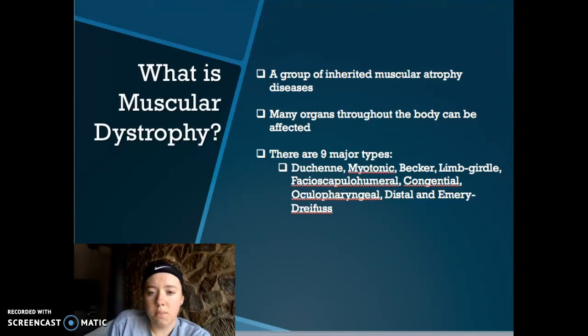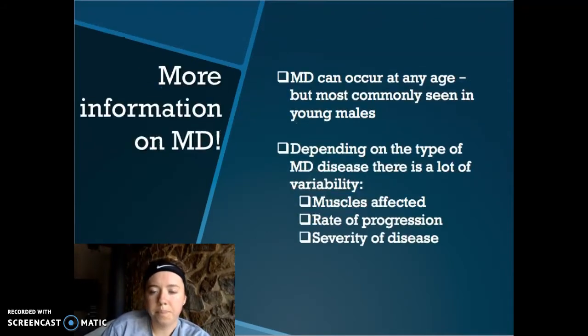But the 9 major types of MD are Duchenne, myotonic, Becker, limb-girdle, fascioscapulohumeral, congenital, oculopharyngeal, distal, and Emery-Dreifuss. So just keep that in mind, and also we'll look at a couple more things about MD in general.